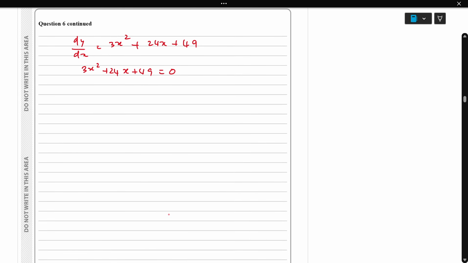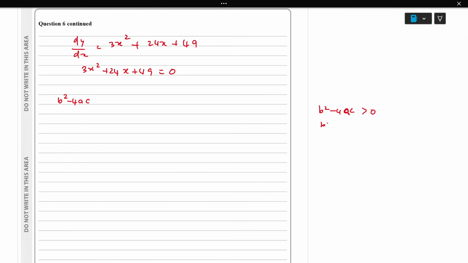Now we need to solve this and prove there is no stationary point. So we will check the discriminant, which is b square minus 4ac. If b square minus 4ac is greater than 0, there are 2 stationary points.